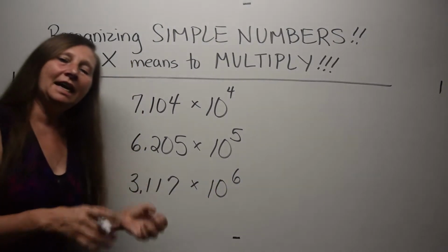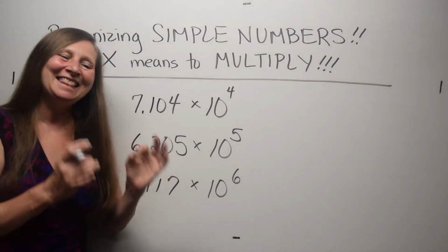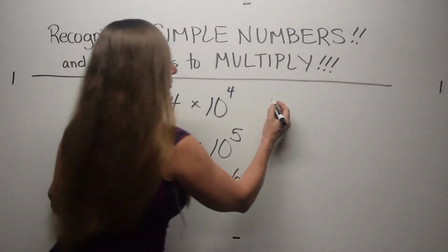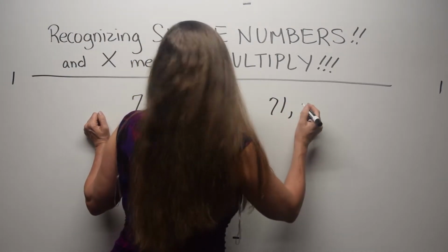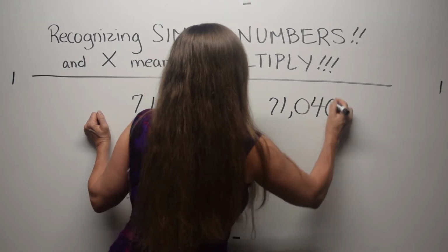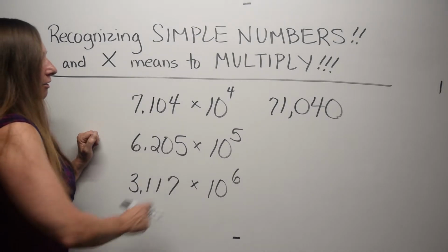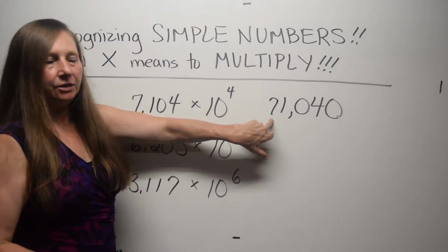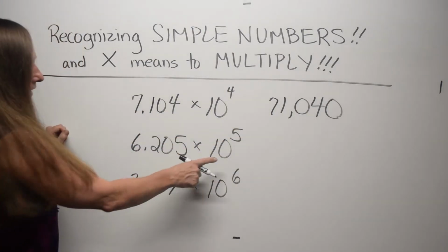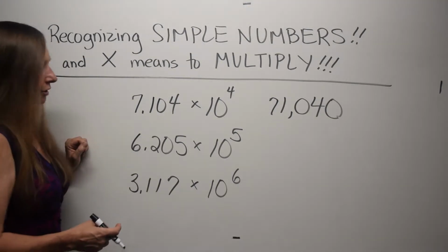If 10 to the 3rd was 1,000, then 10 to the 4th is 10,000. So this would be 71,040, which makes it 71,000 something. Remember, 10 to the 4th is in the 10,000s place. Now here, 10 to the 5th would be in the 100,000s place.